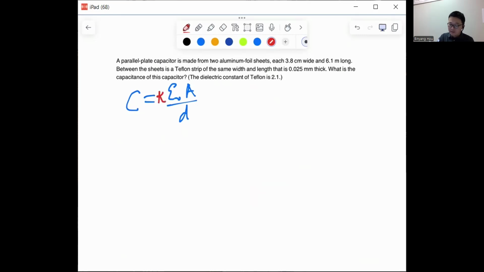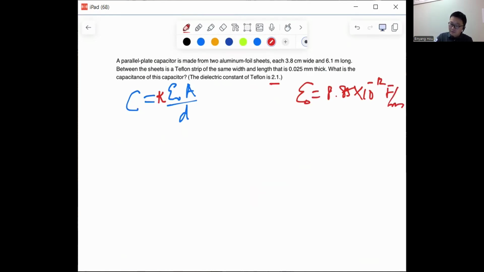Kappa is given, so we can figure it out. Kappa is 2.1. Epsilon naught is the constant 8.85 times 10 to the negative 12 farad per meter. This is the first time you see this, but that's given.